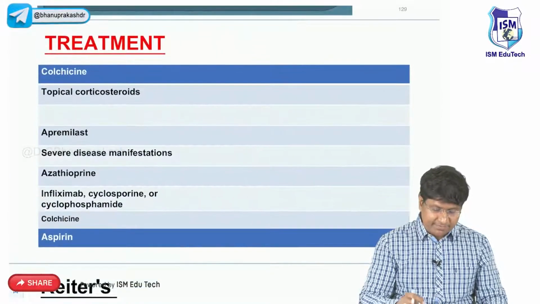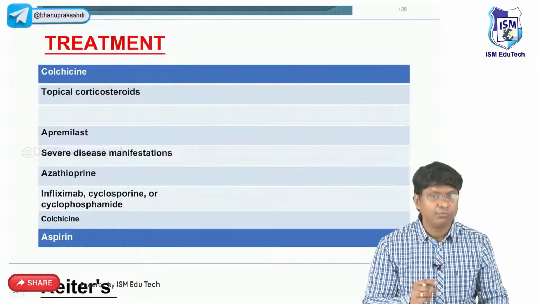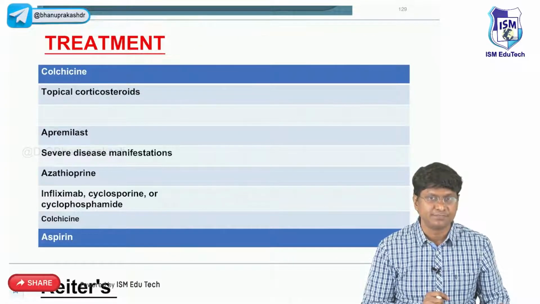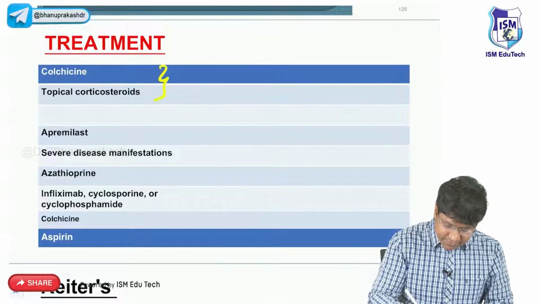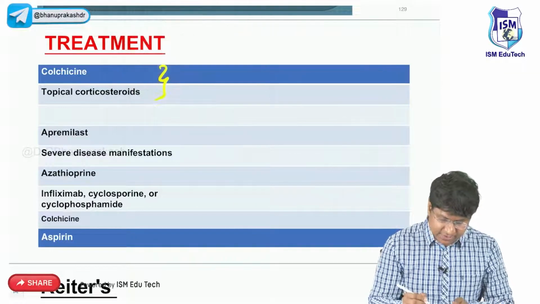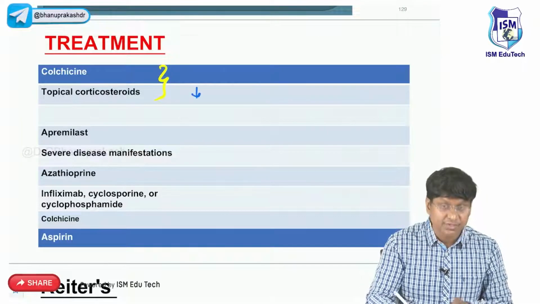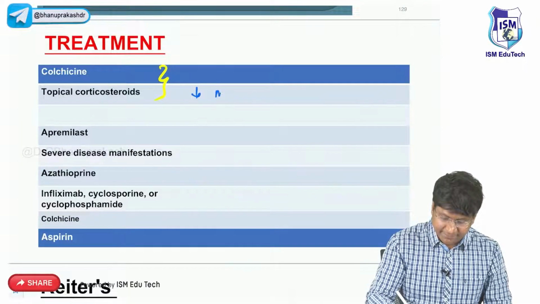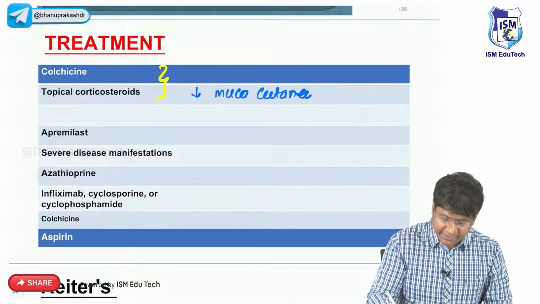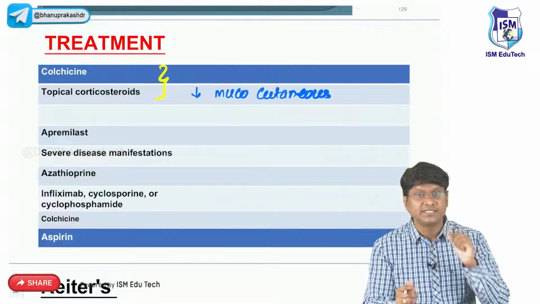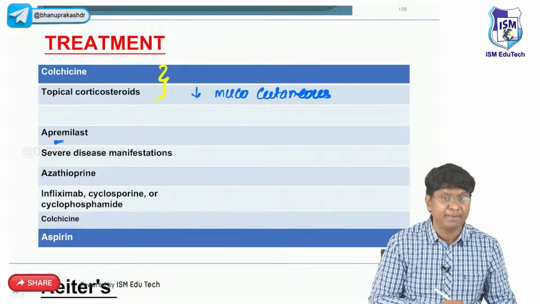Then how do you treat these patients with Behcet's? See, first is colchicine, right? So colchicine as well as topical corticosteroids will reduce the mucocutaneous findings. That means they will reduce this recurrent aphthous stomatitis. And one more drug, that is apremilast, right?